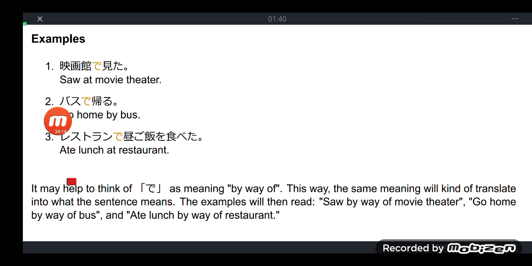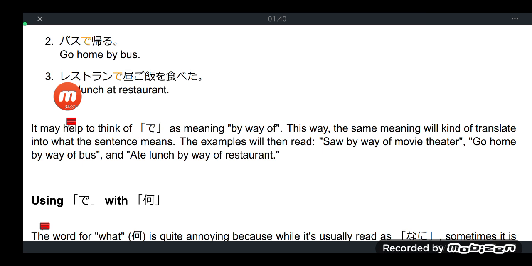So at number 2, basu de kaeru. By what kind of means did someone go home? By bus. Basu de kaeru. Here, number 3, restaurant de hirugohan wo tabeta.